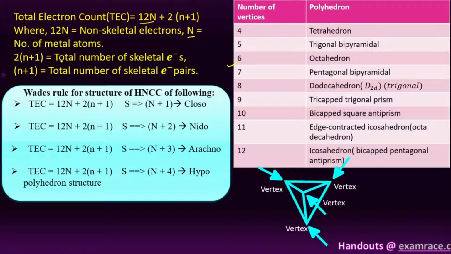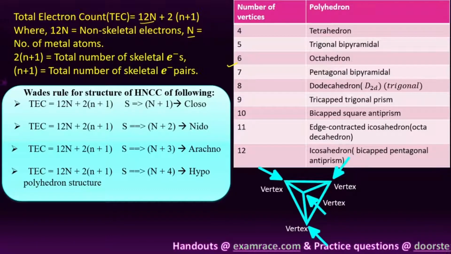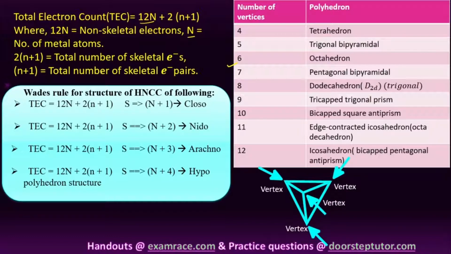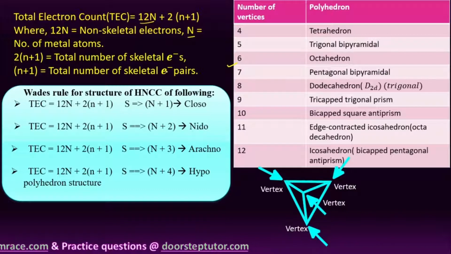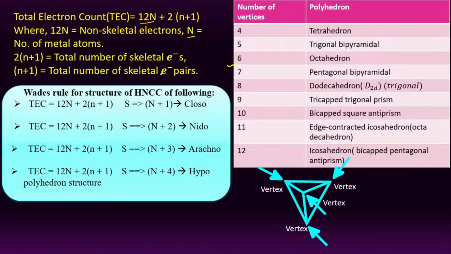12 into n plus 2 into n plus 1 is equal to the total number of skeletal electron pairs, where n plus 1 is the number of skeletal electron pairs. There is no need to use the formula, just calculate the total electron count.